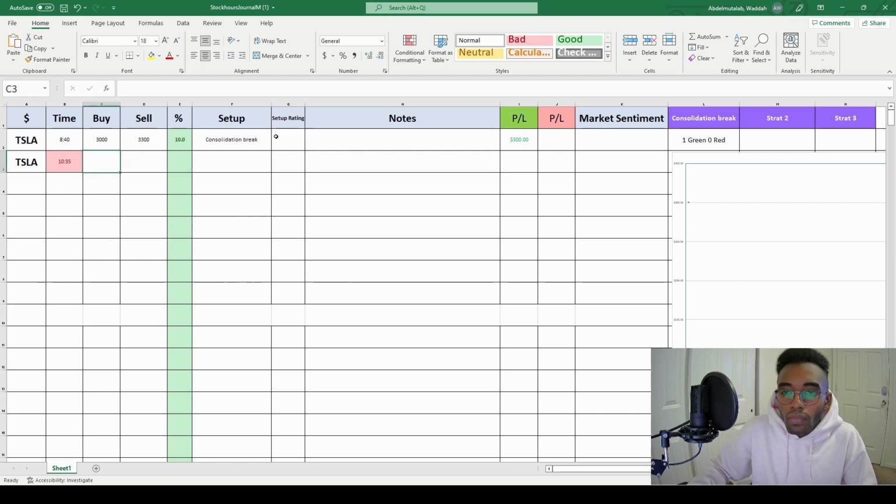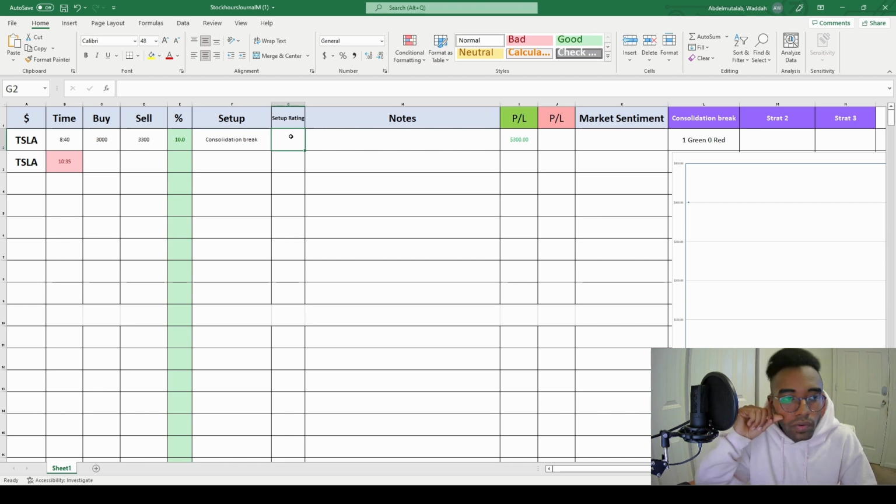Now setup rating will be readjusted over time. If there's a setup that you love but you execute horribly in, then it would be best for you to just stay away from that setup, regardless of how much you love it.